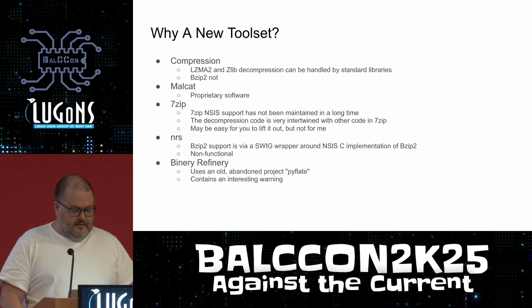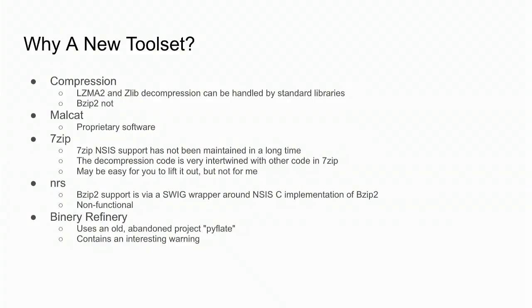And so I needed to write a new tool set. There's a few reasons why I decided to write a new tool set from scratch. The first one, the LZMA2 and the zlib decompression in NSIS can be handled just fine using all standard libraries. You can use whatever implementation in whatever programming language you'd like, it will work just fine. bzip2 will not.